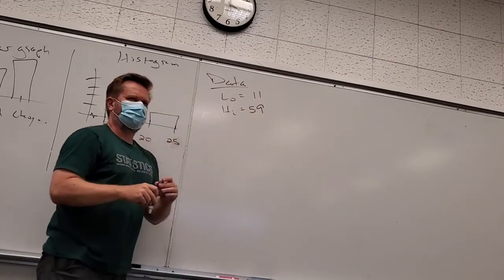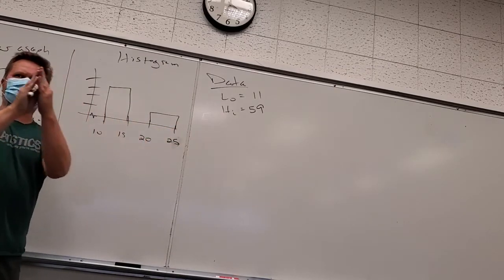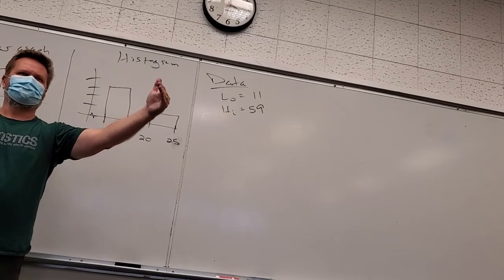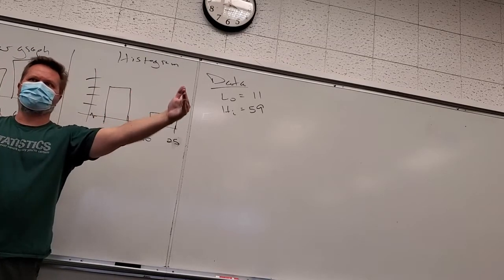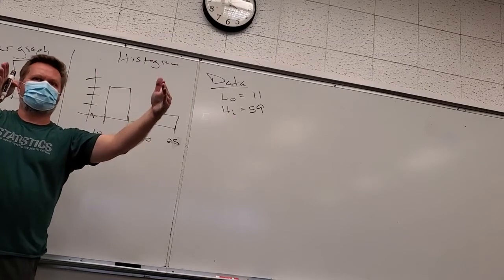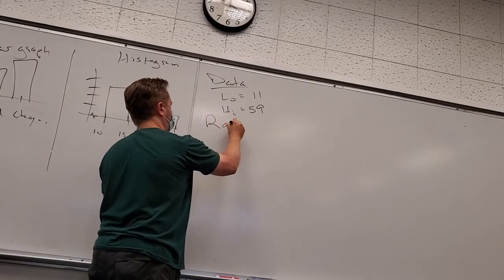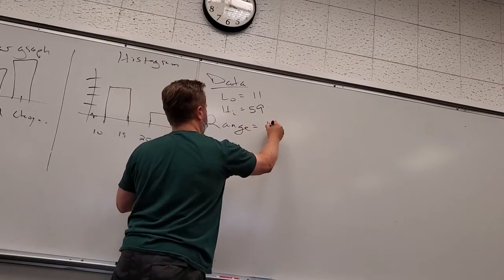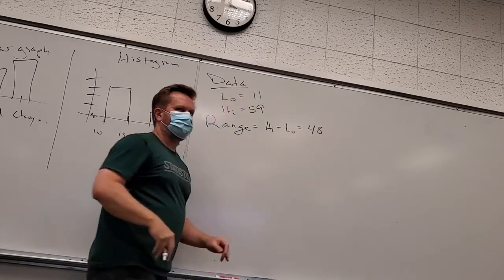Okay. So how far would our picture have to go? From 11 to 59. And how far is that? 48. I like it. So this is called the range. The range is high minus low. In this case, it's 48.